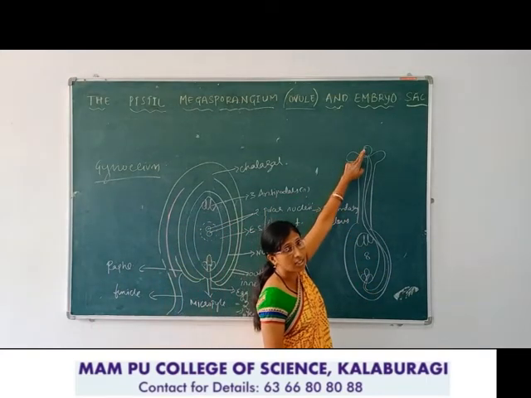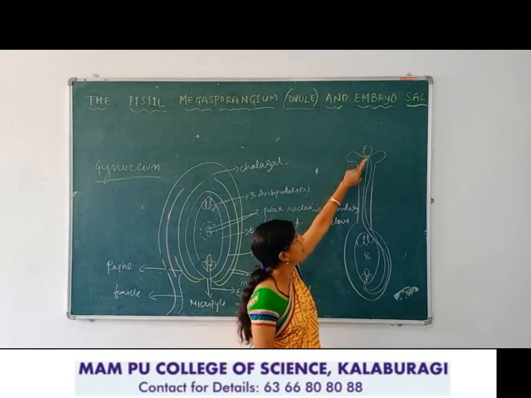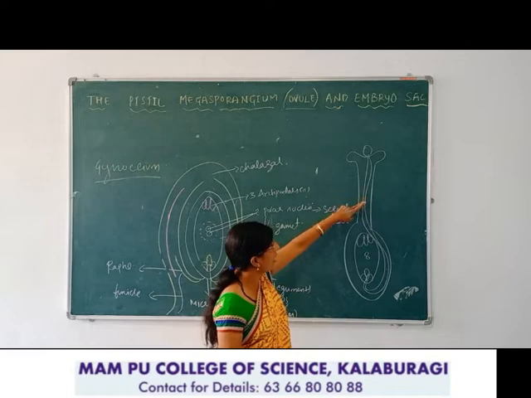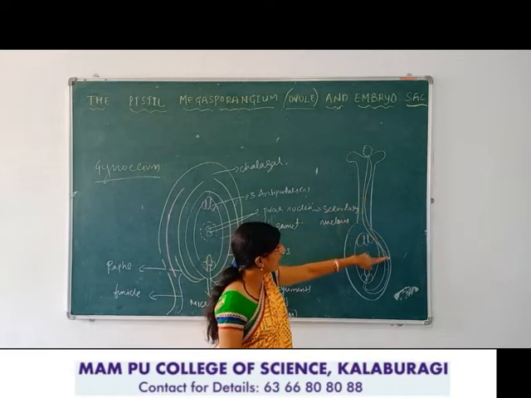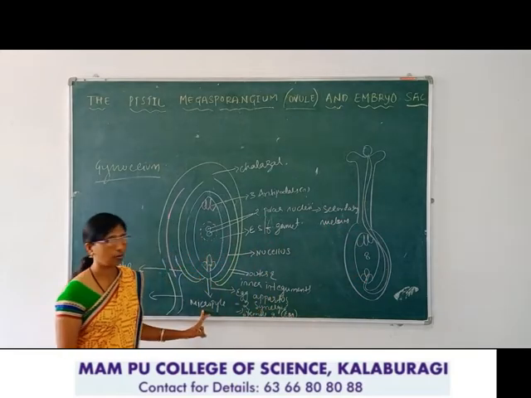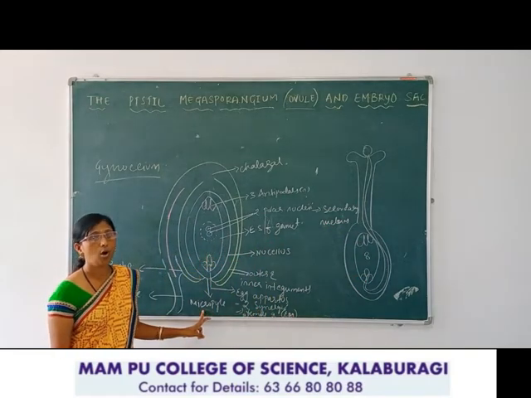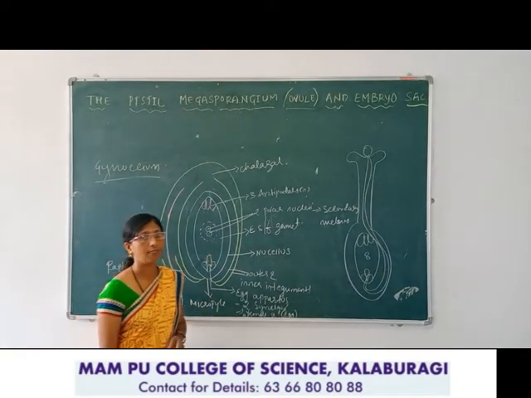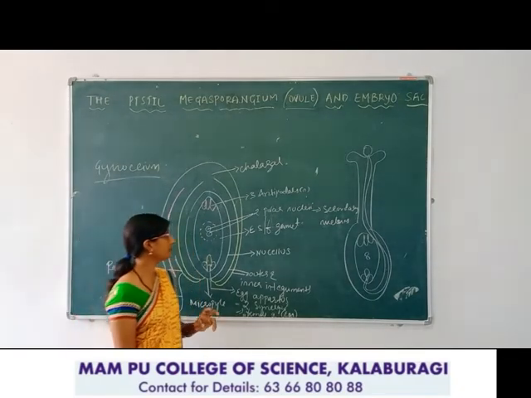Pollen grains sit on the stigma; from the germ pore the pollen tube emerges, passes through the style, reaches the ovule, and enters the embryo sac through the micropyle. So this is the small opening where the pollen tube enters the embryo sac for fertilization.